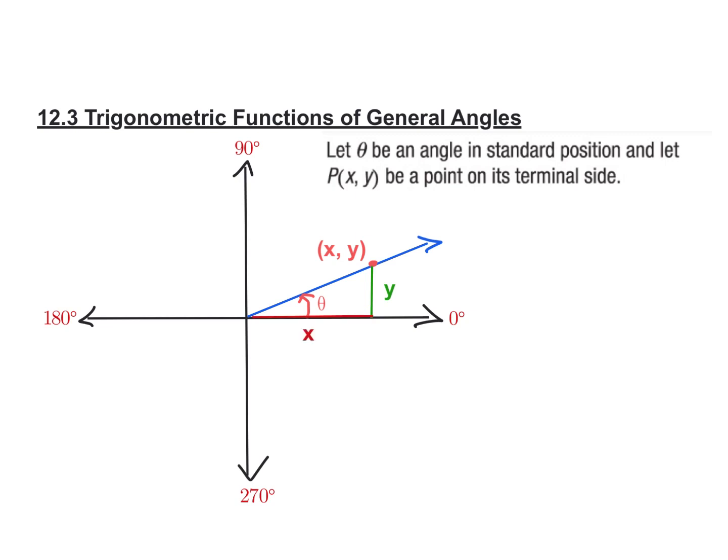So this is what we have right now. I have a right triangle where one of the legs is x, one of the legs is y. We have to figure out what we're going to call this hypotenuse. And once we have that, we'll be able to find all the trig functions. When we talk about angles in standard position, we call that hypotenuse r.